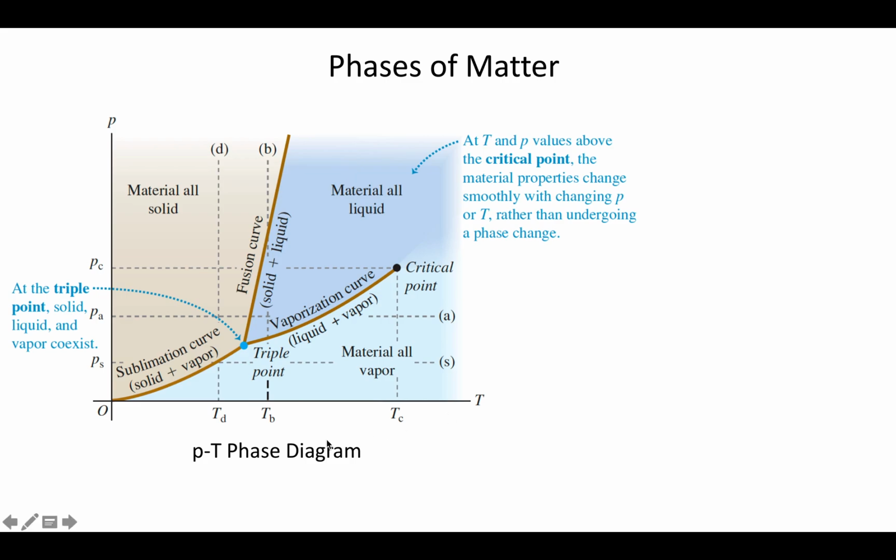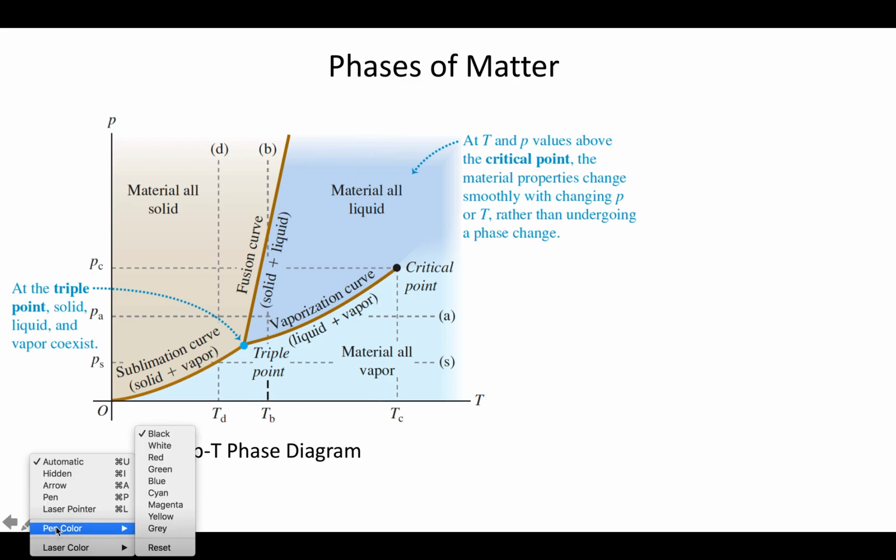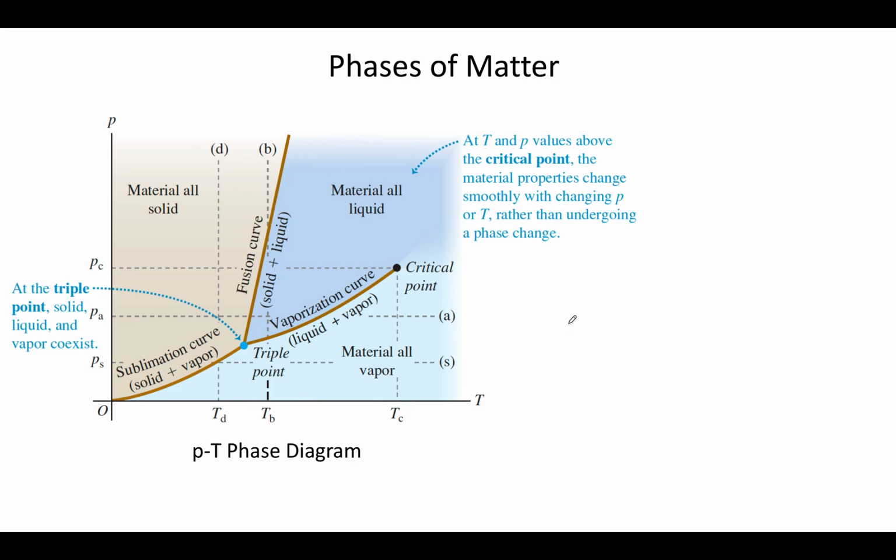And what we see here is a pressure-temperature phase diagram. Let's do blue. What the phase diagram tells us, it shows the phase, liquid, solid, or gas, and gives phase boundaries for particular pressure and temperature values.